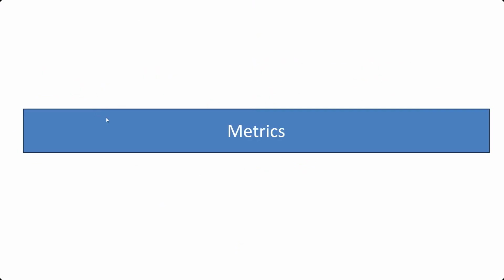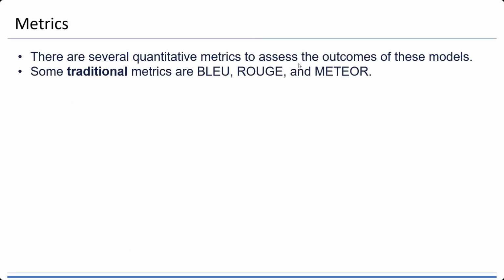So when we do text summarization, we need to understand some of the metrics. There are several quantitative metrics to assess the outcomes of this model. Some of the traditional metrics are BLEU, ROUGE, and METEOR.